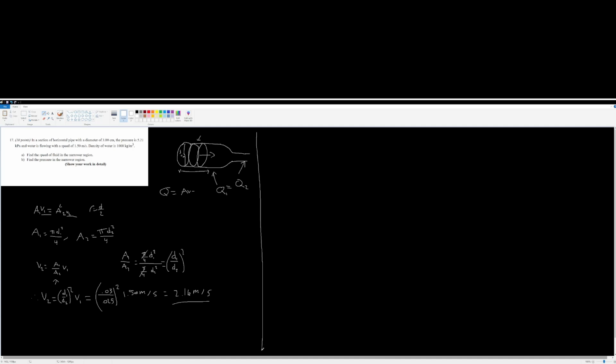Now, for part B, what we want is the pressure in the narrower region. So in this case, we know that the pressure at the beginning also equals the pressure at the end.